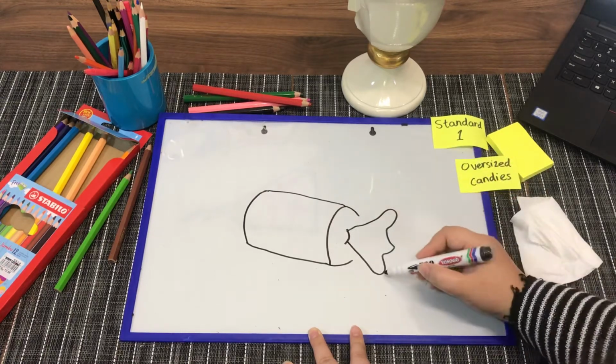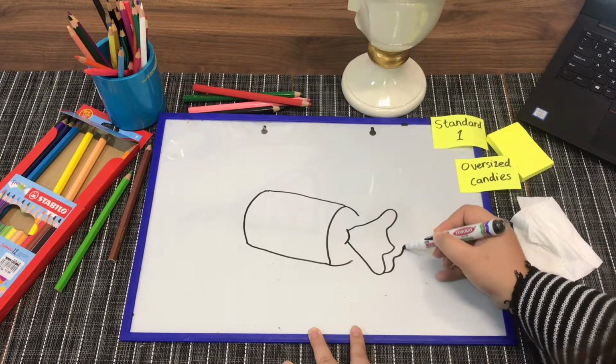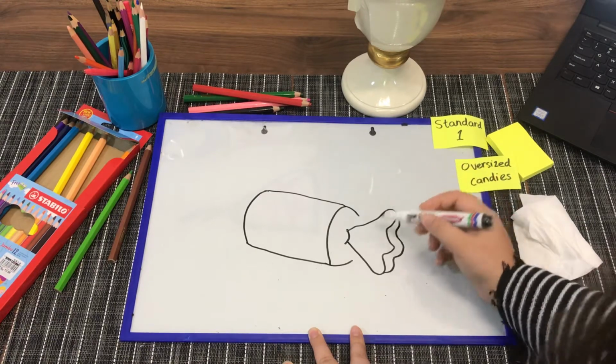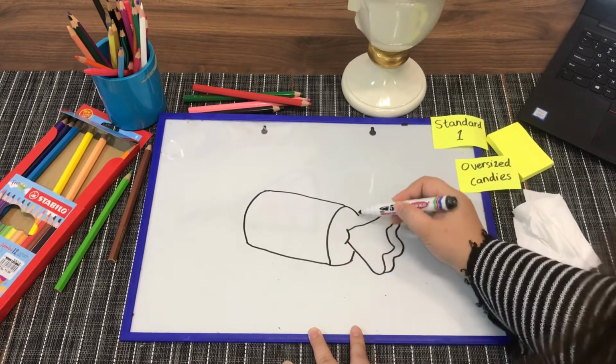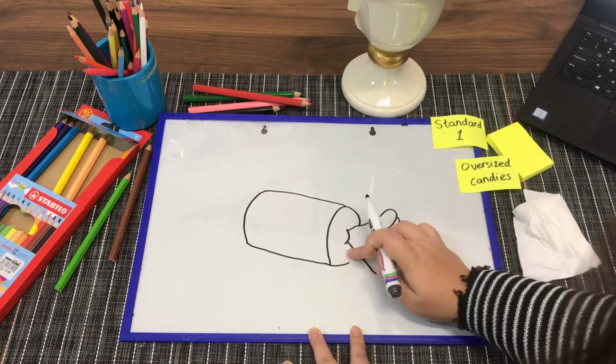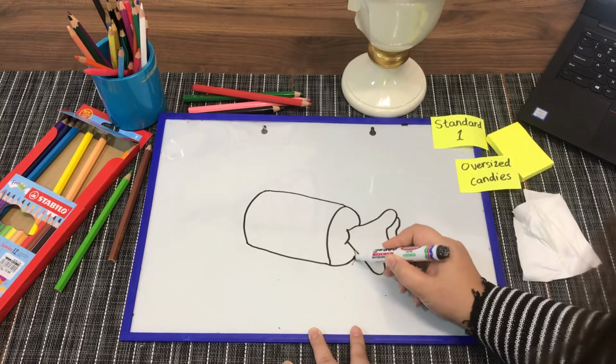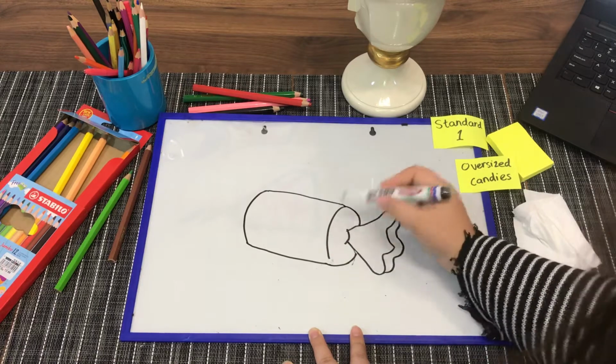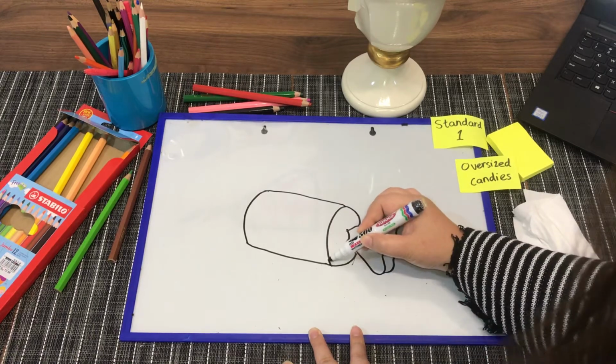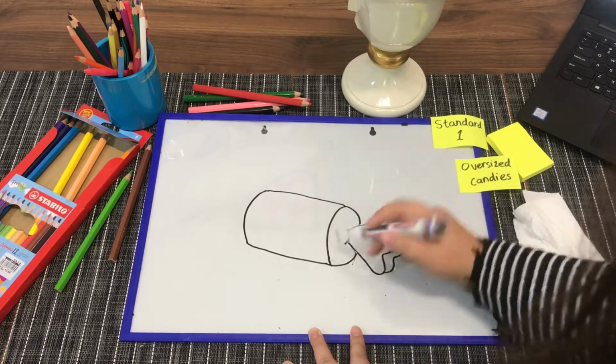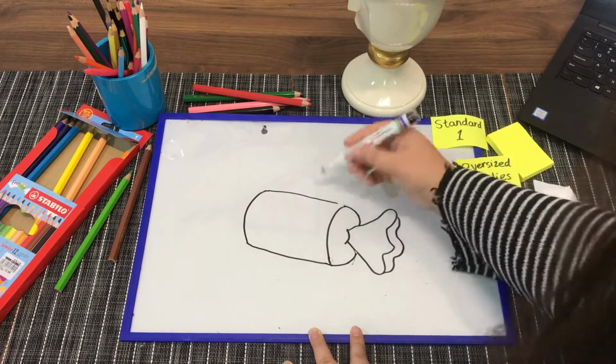Okay, and make sure you can see the other sides of the plastics also. Okay, remember, make sure it's curved, not a straight line. If it's a straight line, it doesn't look 3D.